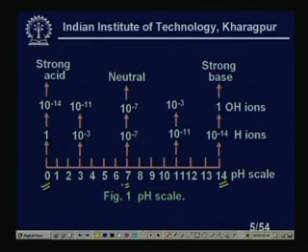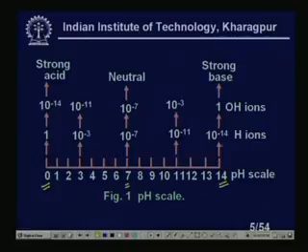Strong acids, like inorganic acids, will give a pH very close to 0. Similarly, alkalis like sodium hydroxide and other such solutions will give a very strong base. And as I told you, distilled water should have a pH of 7.